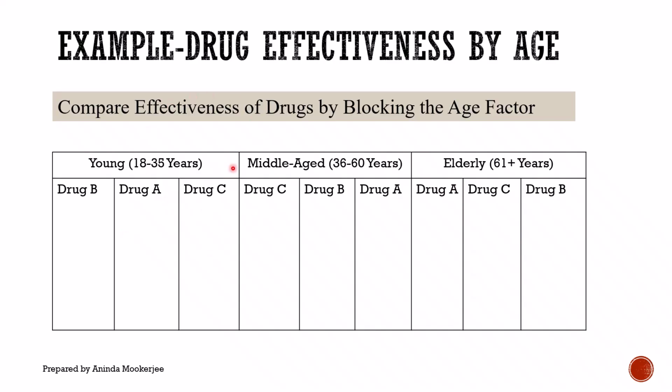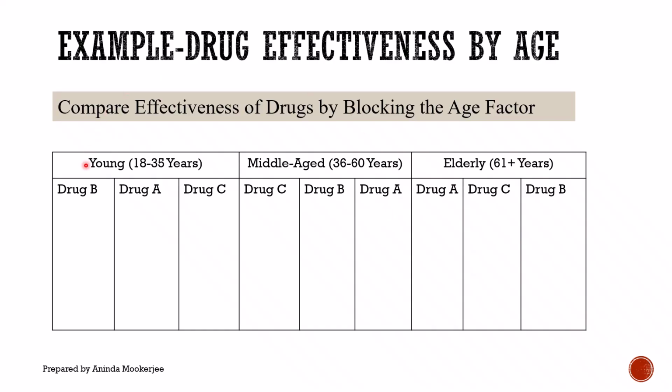The first block is that of the young group, which is 18 to 35 years. Then we have the middle-aged group and then the elderly block. And within each of these blocks, we have three experimental units which have subjects assigned randomly, and the treatments are also administered randomly for each of these blocks.